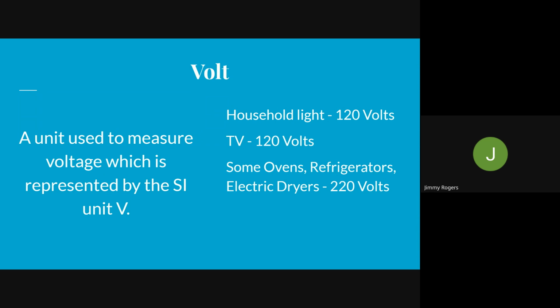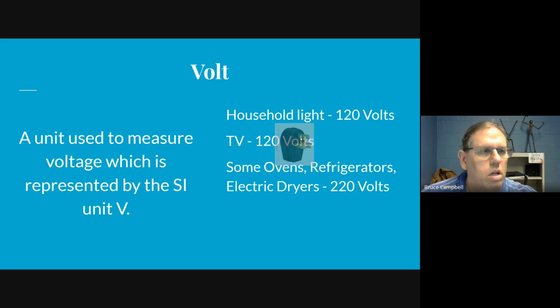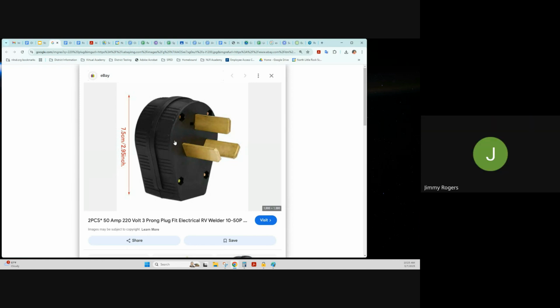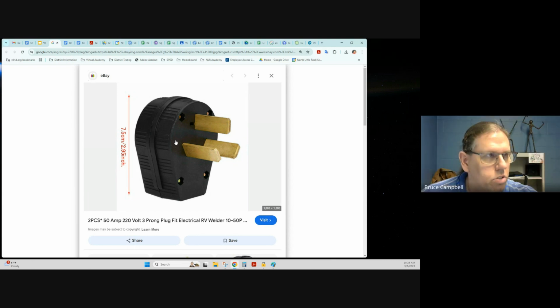Then the ones we plug in every day are straight prongs or 3-prong outlets. I'm going to show you this real quick. That can be a 220. That's called a dryer cord.